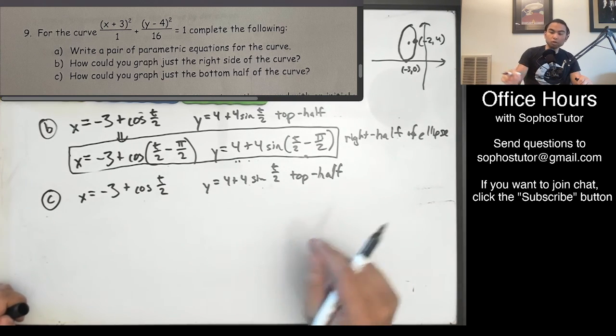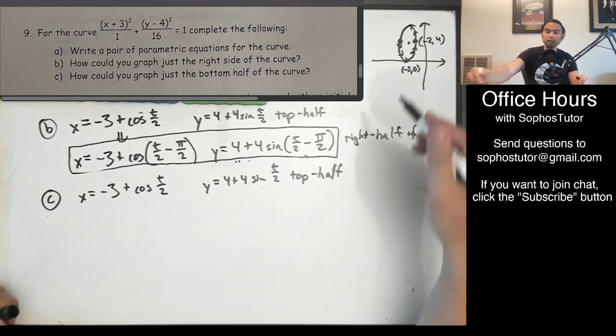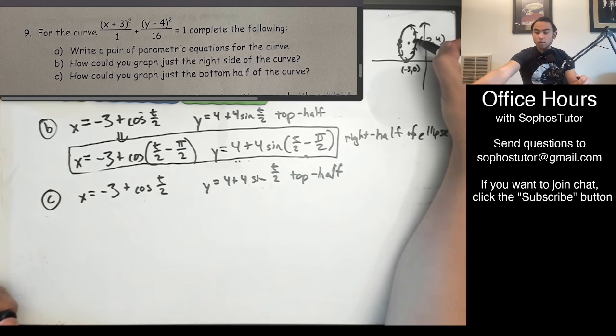Now, what we need to do is shift the starting point, because we know that we are traveling counterclockwise. We want to shift the starting point to start on this side of the ellipse and then move this way. Right? So what is going to be the offset here? Well, we want to shift this halfway across our circular shape.